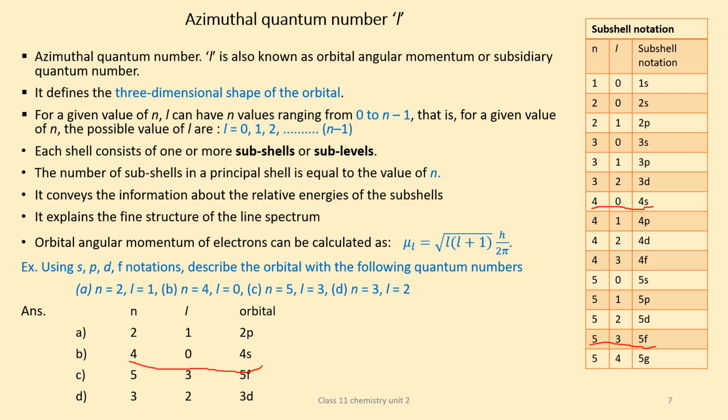Then D is n is equal to 3 and L is equal to 2. So n is equal to 3 is here, L is equal to 2. So it will be 3d. You have to remember and work out.